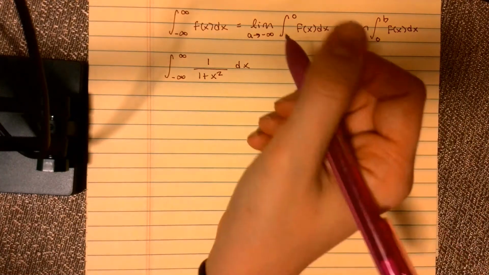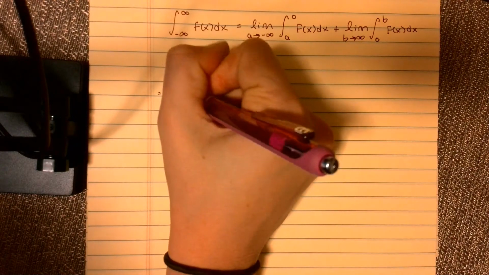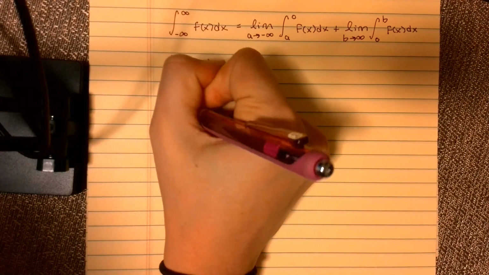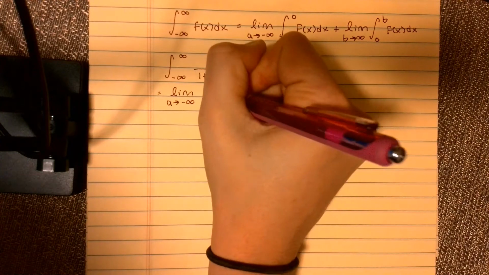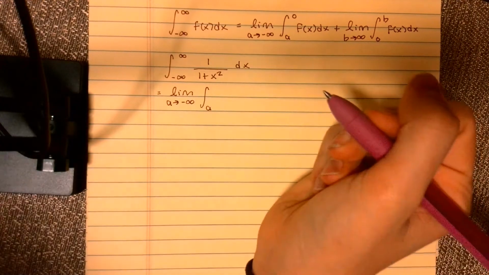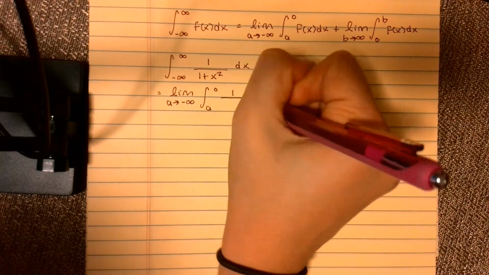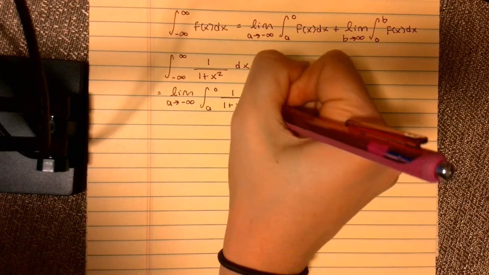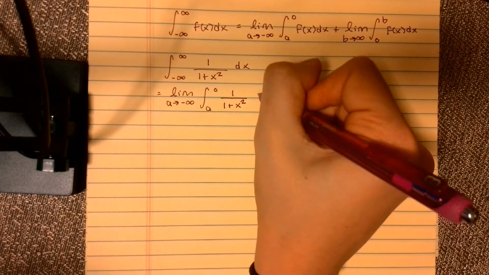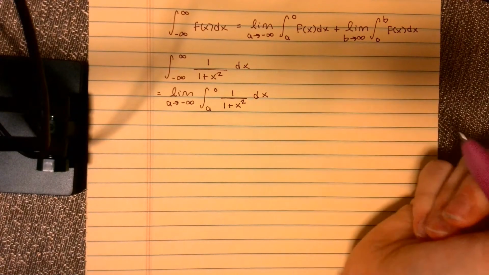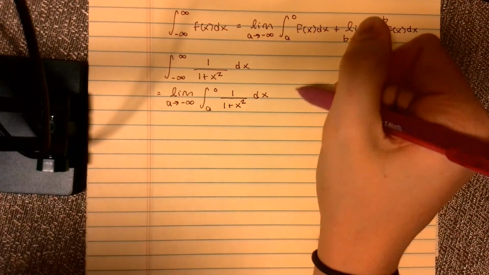So let's set up our limits. I will let a go to -infinity and be the integral from a, and I'll choose 0 again. 0 is a good number to plug in. This will also require that you know how to evaluate inverse trig values, so make sure you're brushing up on that.